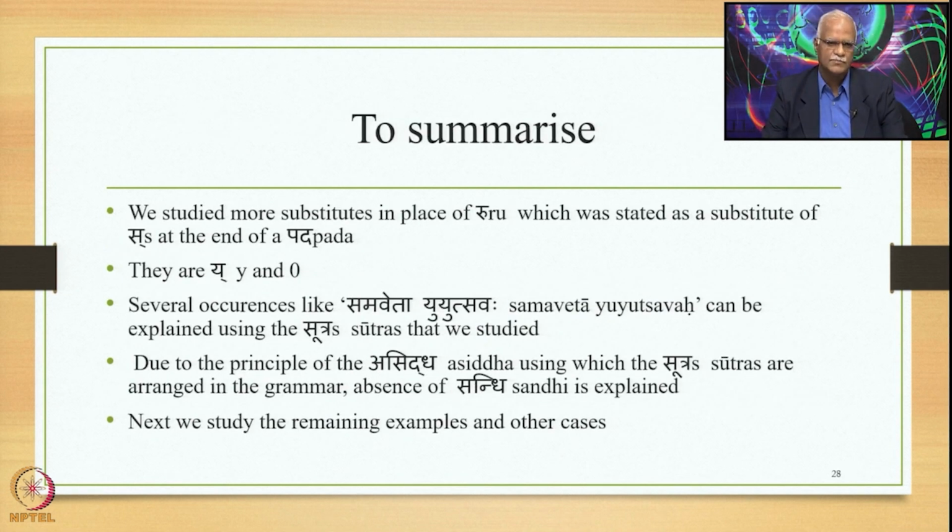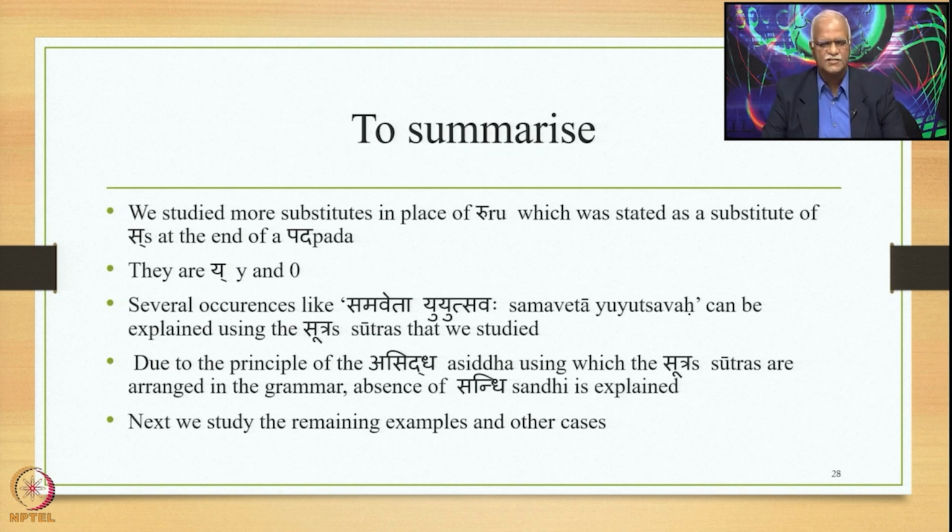To summarize, we studied more substitutes in place of Ru, which was stated as a substitute of S at the end of a pada. They are Ya and 0. Several occurrences like Samaveta Yuyutsavaha, which is split as Samavetaha and Yuyutsavaha, can be explained using the sutras that we have studied.